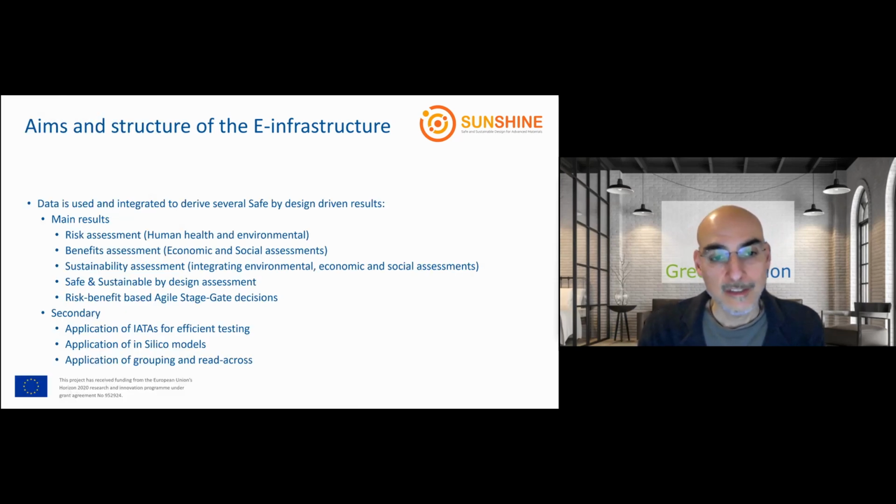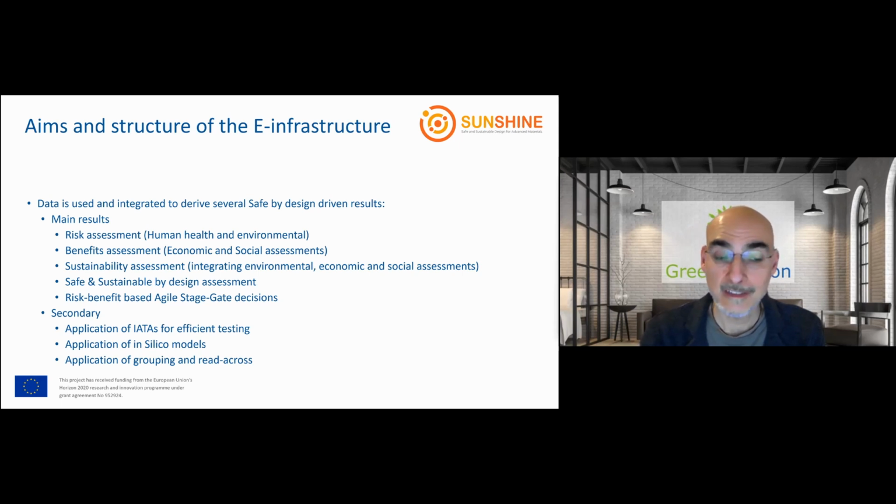So once data is input to the system, several modules able to derive results that are then useful for assessing, for making decisions about the product can be run.